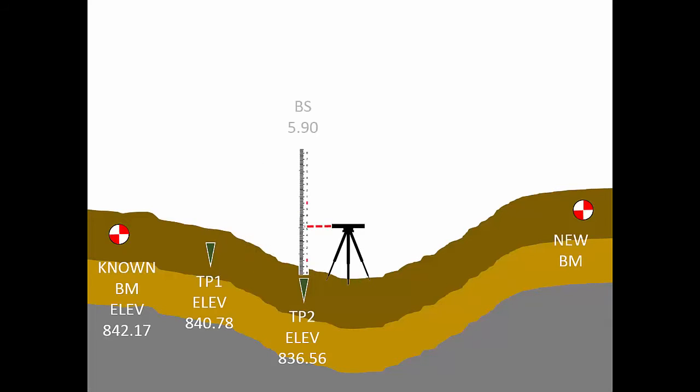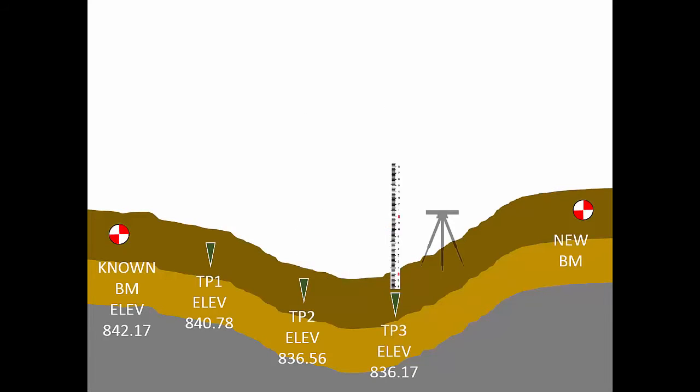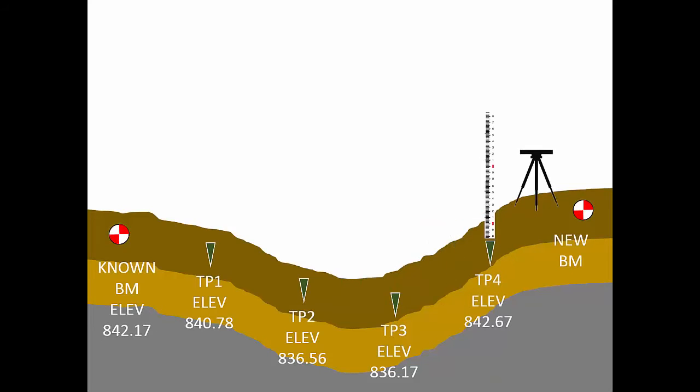Simple. The process repeats. At each new instrument setup, there will be a new backsight reading and the new HI. At each new instrument setup, the operator will take two readings, a backsight and a foresight. At each turning point, the rod person will hold the rod on the point for two readings, first a foresight and second a backsight.